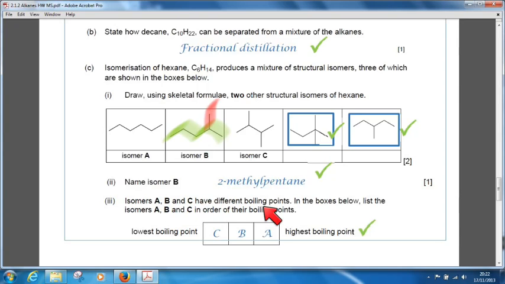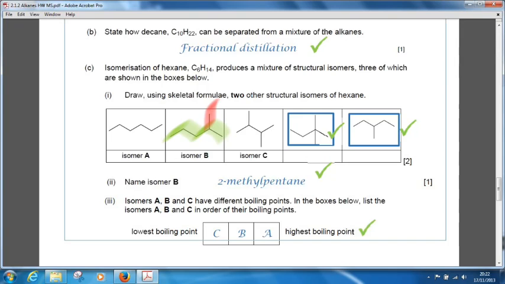Isomers A, B, C have different boiling points. In the boxes below, list the isomers A, B, C in order of their boiling points. C isomer will have the lowest boiling point because it's the most difficult to pack together.